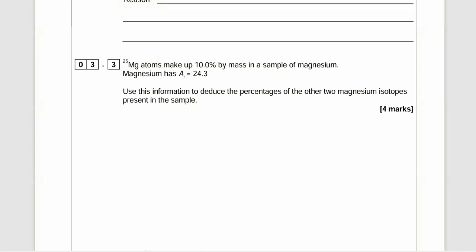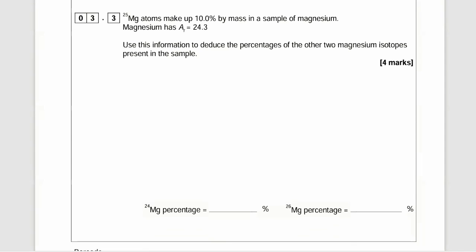Right, we've got a difficult one here, a relative atomic mass equation. Magnesium 25 makes up 10% of the mass in a sample of magnesium. It has an Ar of 24.3. Use this information to deduce the percentages of the other 2 magnesium isotopes.